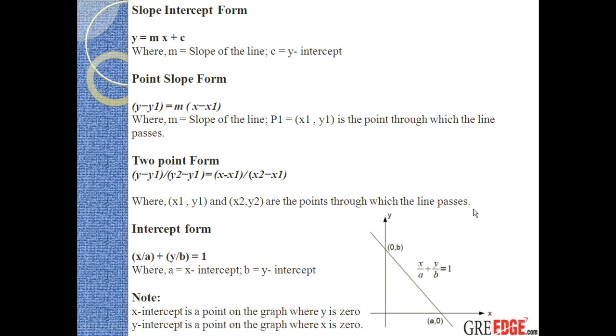Raviji, you want to know about two-point form. See, there are two points given, x1, y1 and x2, y2. Then y minus y1, the y coordinate of a point, by y2 minus y1, the y coordinates of the two points, is equal to x minus x1, the x coordinate of one of the points, by x2 minus x1.